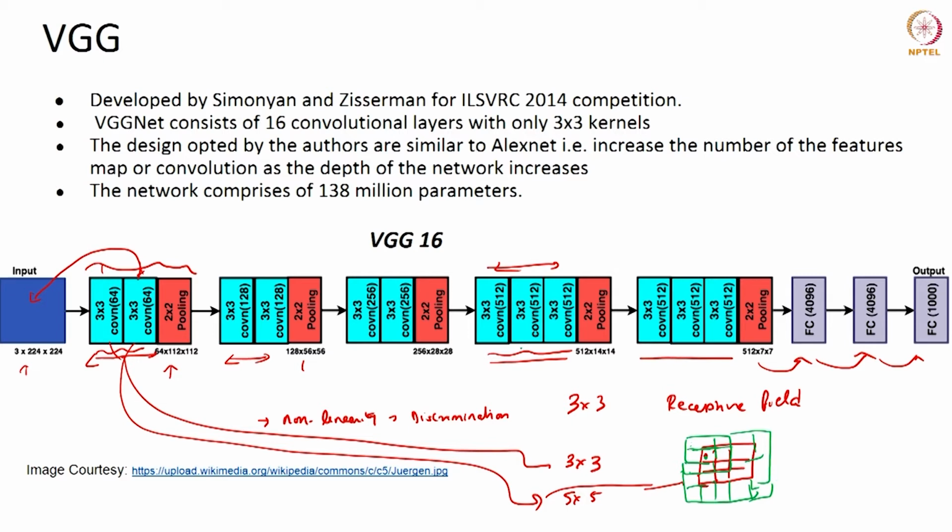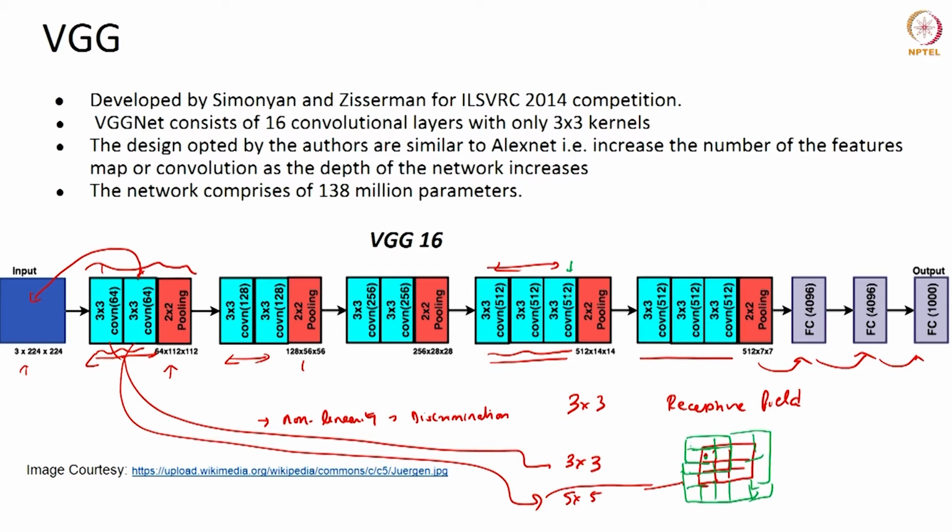So, similarly, if you look at a succession of 3 convolution layers, the receptive field of this particular convolution layer would correspond to a 7 cross 7. You can verify that on your own. So, what does this provide in terms of computational gain? That is what the authors claim.